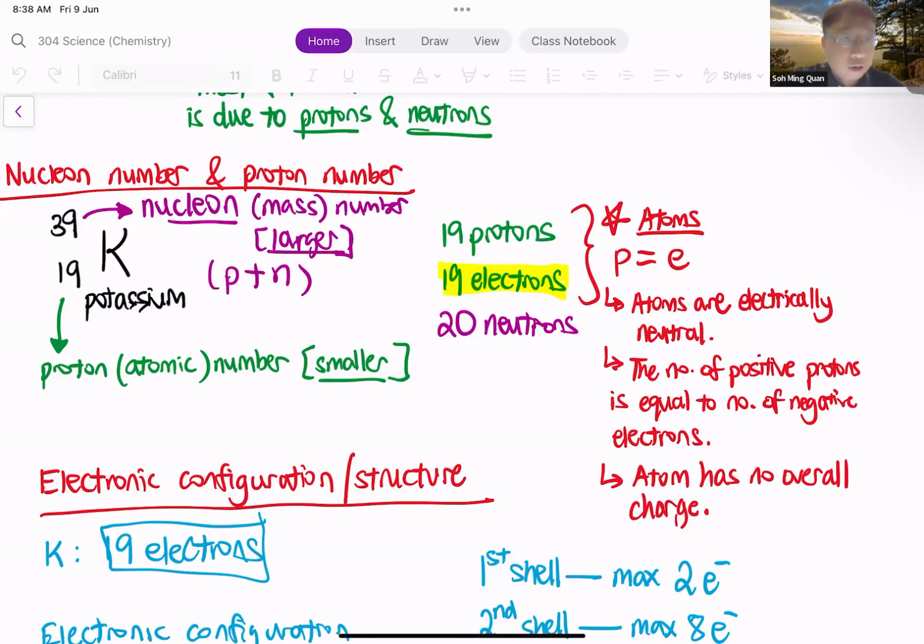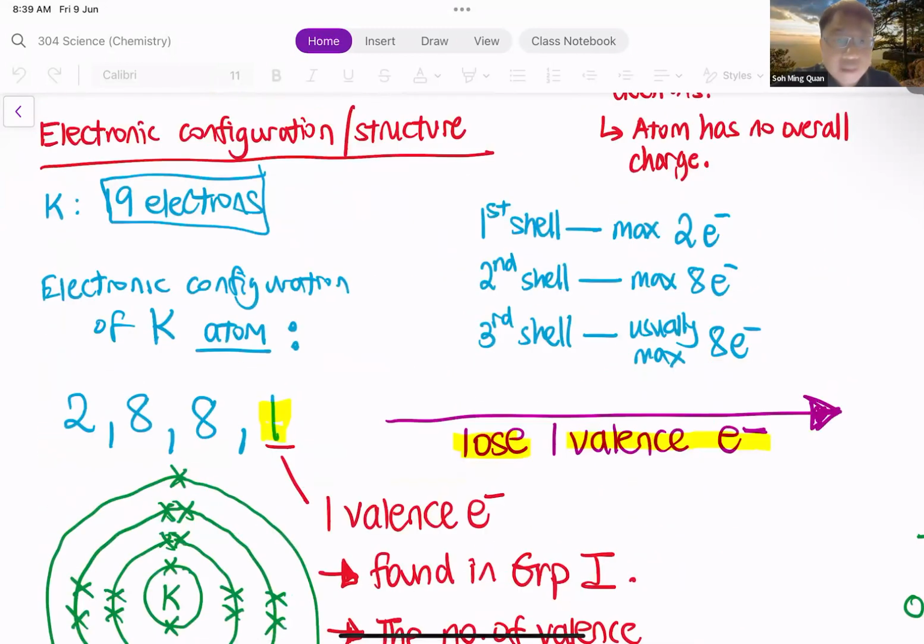And we went on to say that from the number of electrons, we can begin to arrange them into shells, and that's what we call electronic configuration. So electronic configuration refers to how electrons are arranged in shells. So we use potassium as an example. Potassium has 19 electrons.